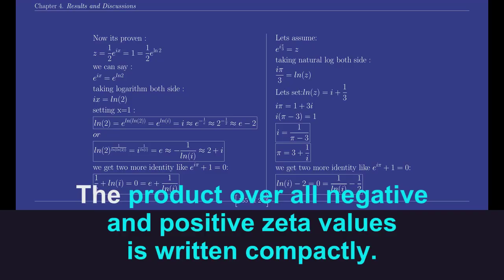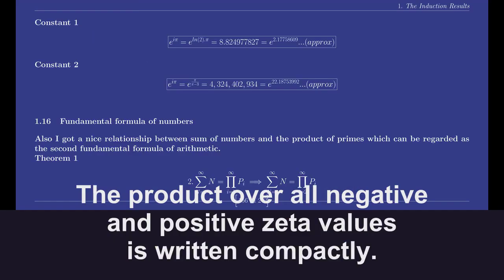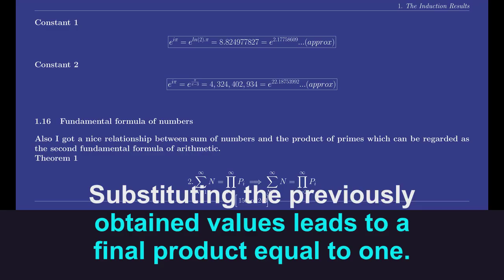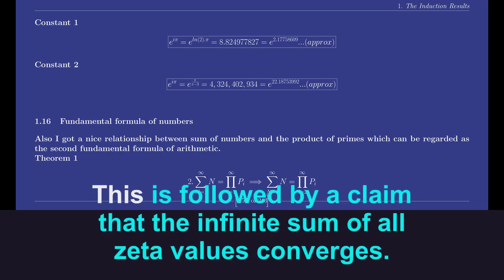The prime number theorem is again invoked, stating that there are roughly n over logarithm of n primes up to n with average gap logarithm of n. As before, n over logarithm of n is visualized as a prime, and prime gaps are consolidated into a prime P1.